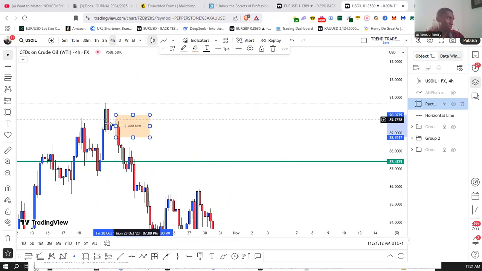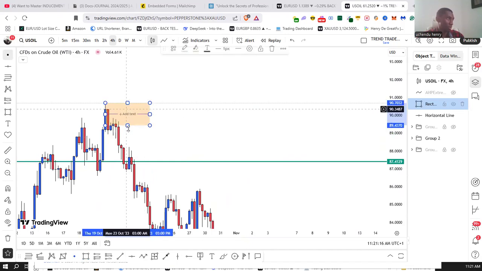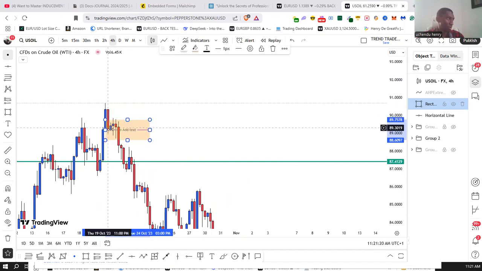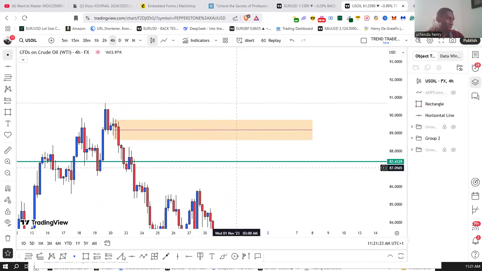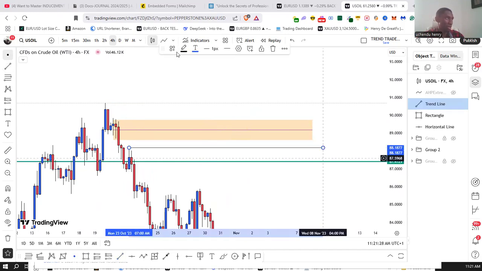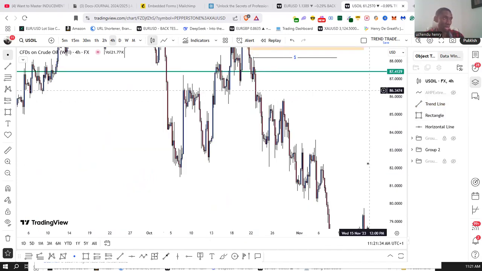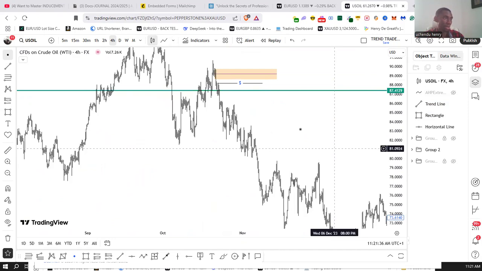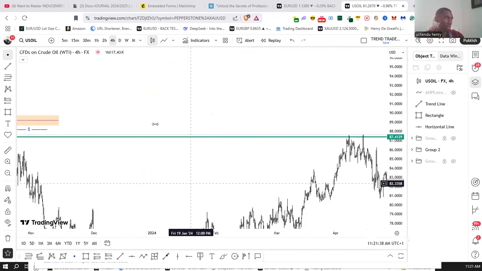You can call it a demand or supply level. Of course, this is the unmitigated order block here. And then before that, I can see this inducement liquidity. That's the last structure closer to the potential reversal zone there, okay? So that is what I can see at that level.